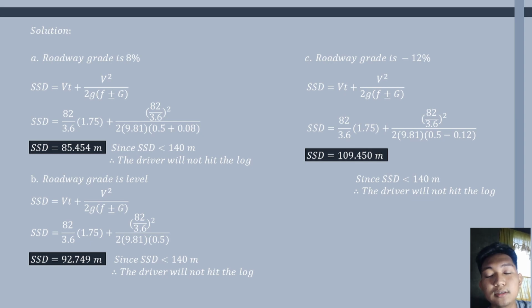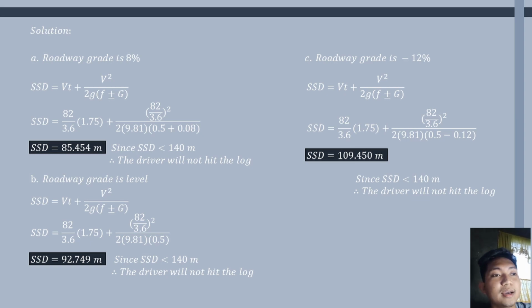the log. Second condition, the roadway grade is level, so it is straight and has no grade. Again we are using the same formula, again dividing by 3.6, but we do not add a grade since it is level.